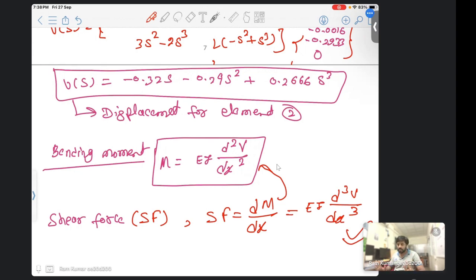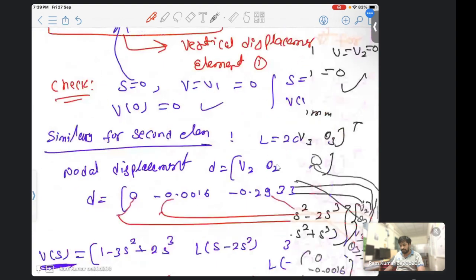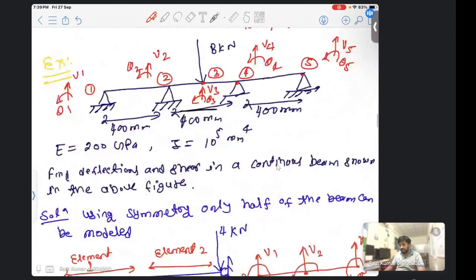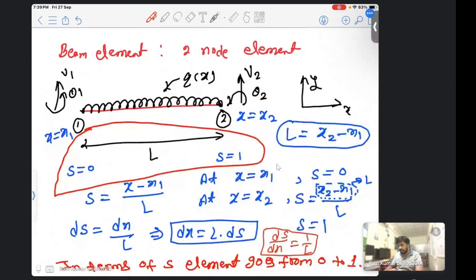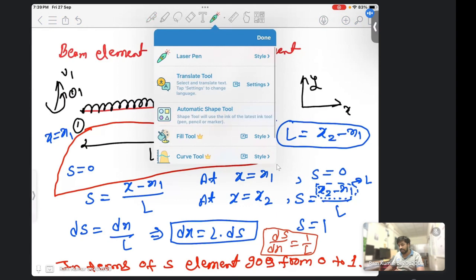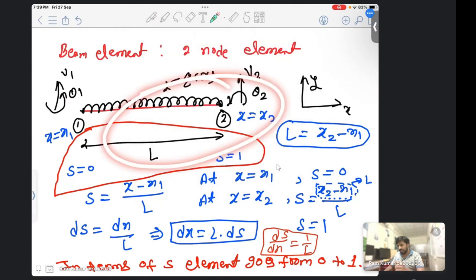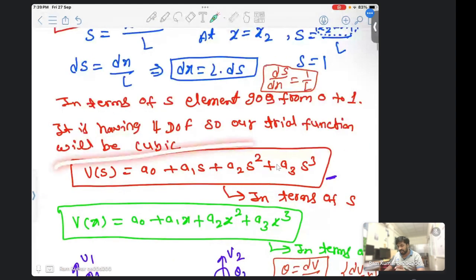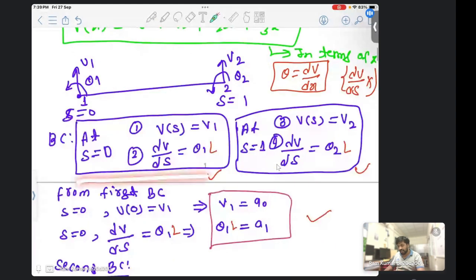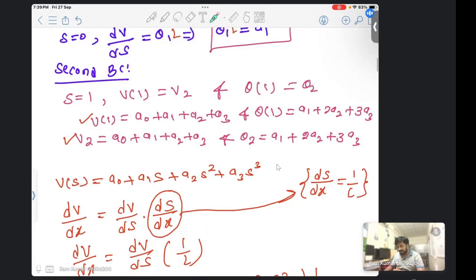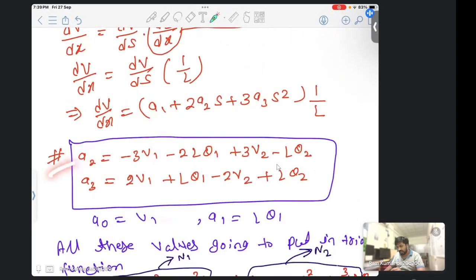Okay, for today I think that's enough. If you have any query you can ask. It was a very long question to be solved today. We started with some basic introduction about the beam element. Then I told you how to convert to the new coordinate, then how to find the boundary conditions, then the derivation of A2, A3.